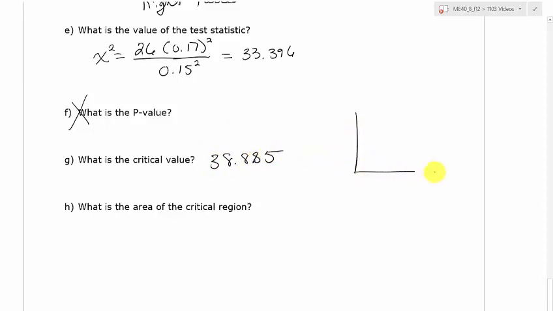So remember, the chi-squared distribution starts at 0, and it has sort of this long skewed right. So our critical value is 38.885. And our test statistic is 33 point, so this is our critical value, and our test statistic is less than that, 33.396.